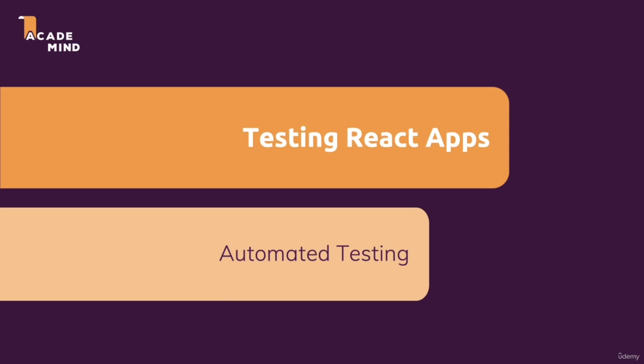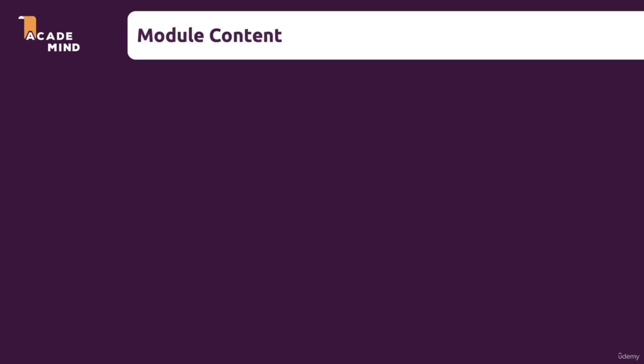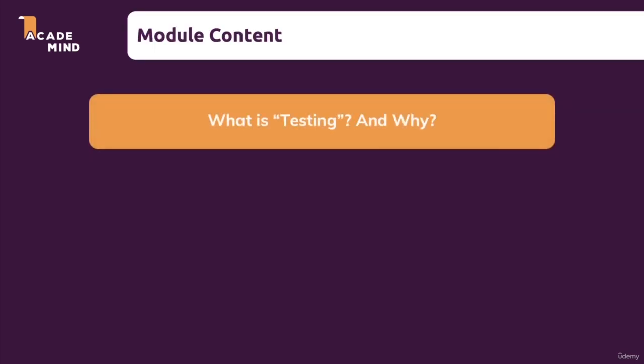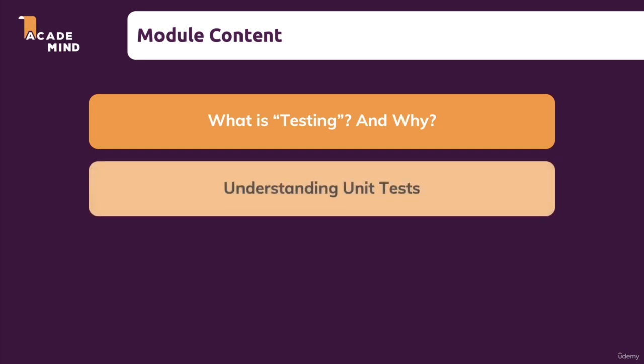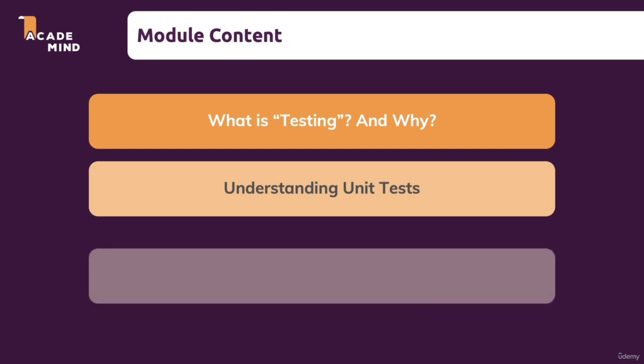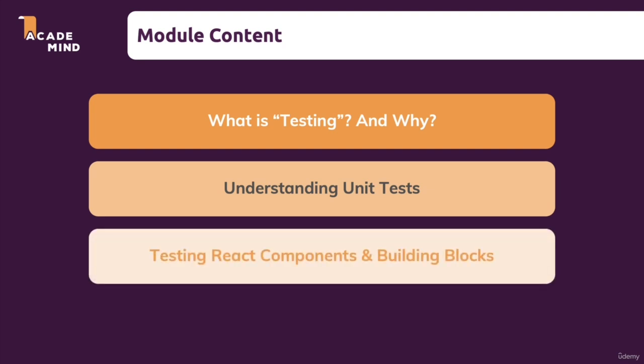And therefore, in this course section, we are going to explore what exactly testing is and why we do it and how we do it, of course. We are going to understand an important concept called unit tests and what that is. And we're going to get our hands dirty and see examples on how to test React components and the different building blocks of our React applications.